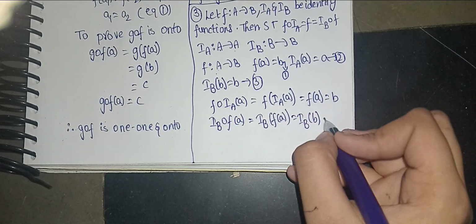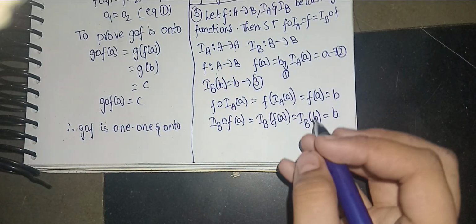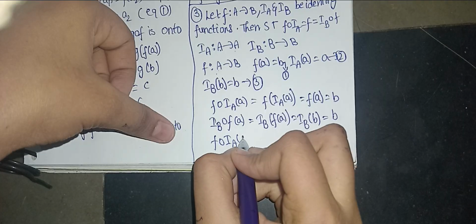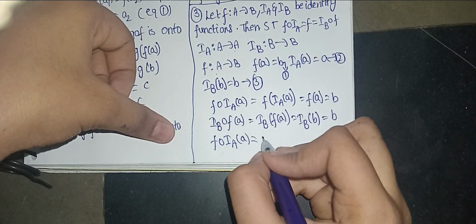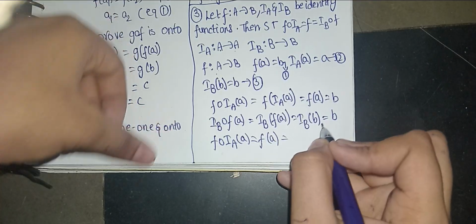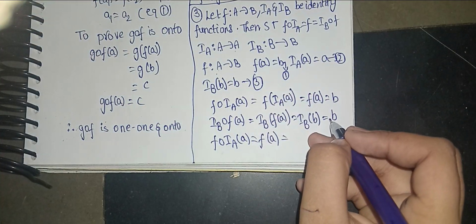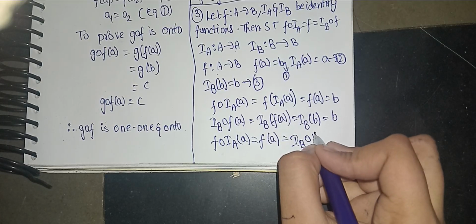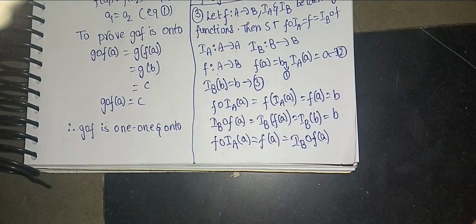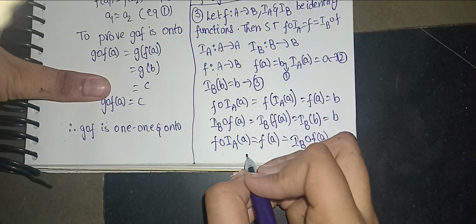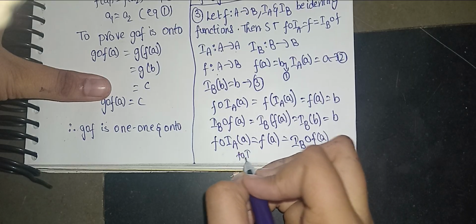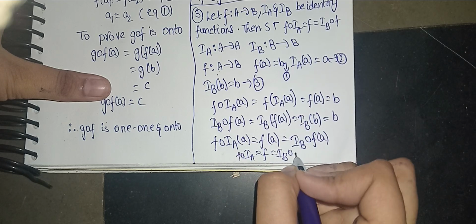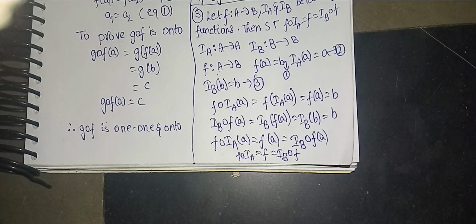What is IB of b? b. Means f of IA of a is equal to, we can say it is f of a, right? Yeah. See, f of a is b. So we can say this is equal to f of a. Means IB circle f of a is also equal to f of a. Means f circle IA is equal to f is equal to IB circle f. Completed.